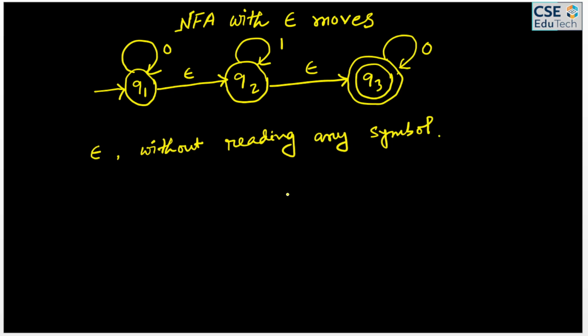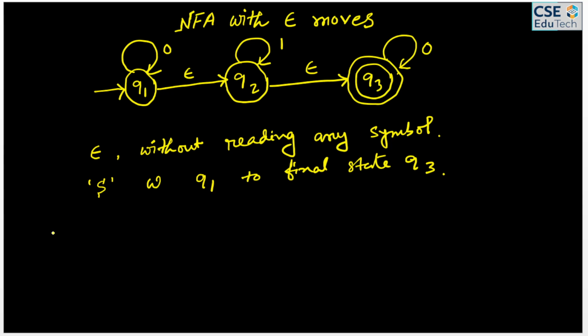And in this transition diagram, this NFA will accept a string S, if there is some path from this initial state Q1 to final state Q3. Then we say that this NFA will accept this string S.